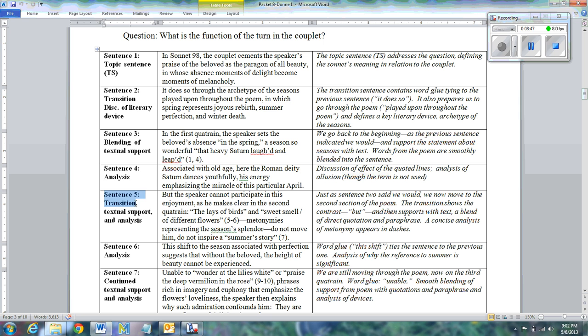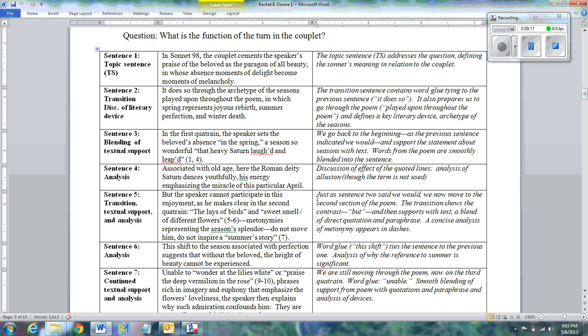Sentence 5, I have a transition from this set of textual support to another set of textual support and analysis of it. But the speaker cannot participate in this enjoyment, as he makes clear in the second quatrain. The lays of birds and sweet smell of different flowers, metonymies representing the season's splendor, do not move him, do not inspire a summer's story.